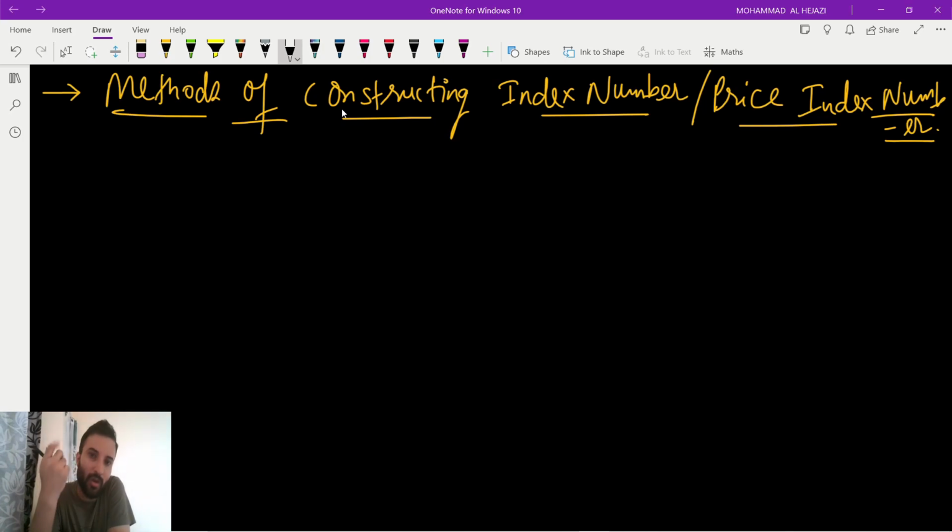Then they will say, sir, you have not given the formula of Laspeyres' index number, you have given the formula of Laspeyres' price index number. So remember, if they say Laspeyres' index number or Laspeyres' price index number, both are the same. The index number and price index number are the same. Same but different, but here no different, here same. So index number is also called price index number.